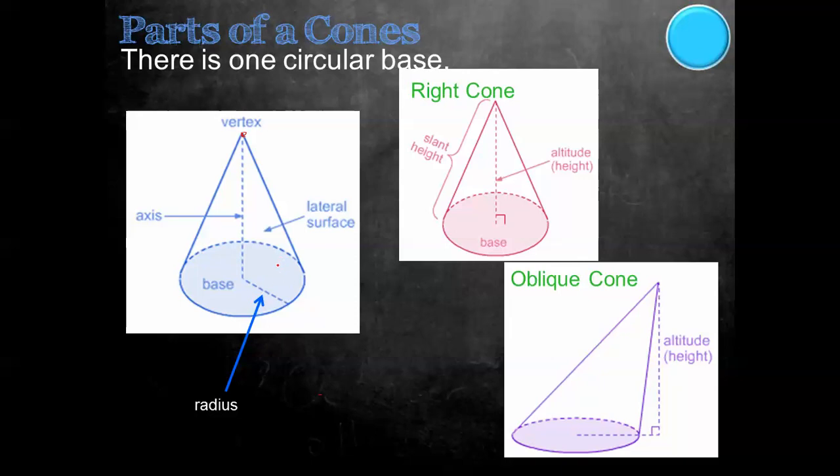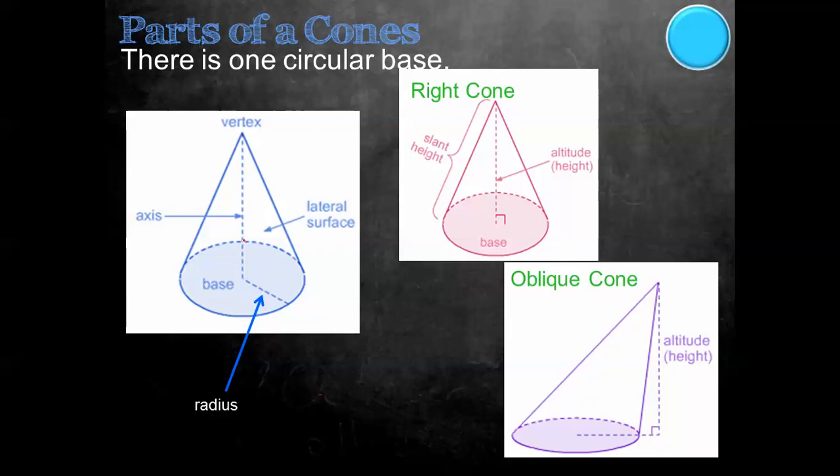Remember, pyramids sit on square, rectangular, or triangular bases. A cone sits on a circular base, but the lateral surface converges up to one point called the vertex. That's at the top here.